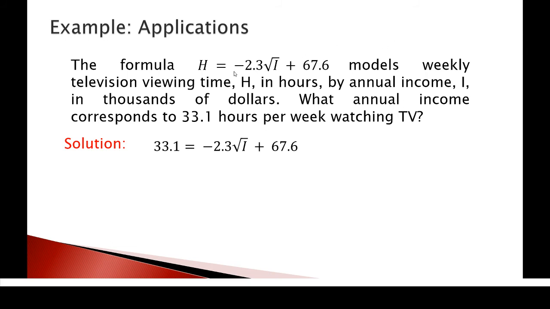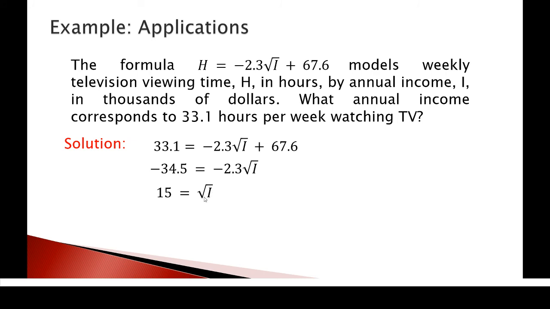Set H equal to 33.1 and isolate the terms. To do this, take 67.6 to the left side and simplify, then divide both sides by negative 2.3.